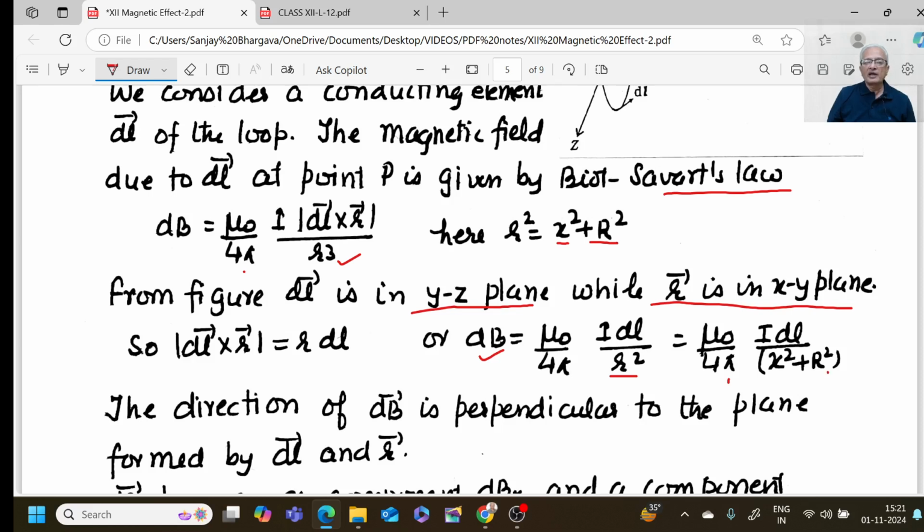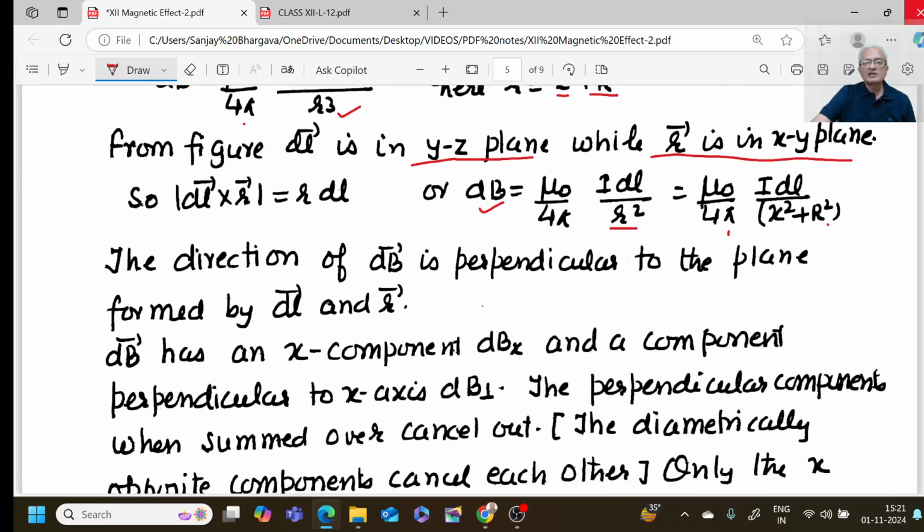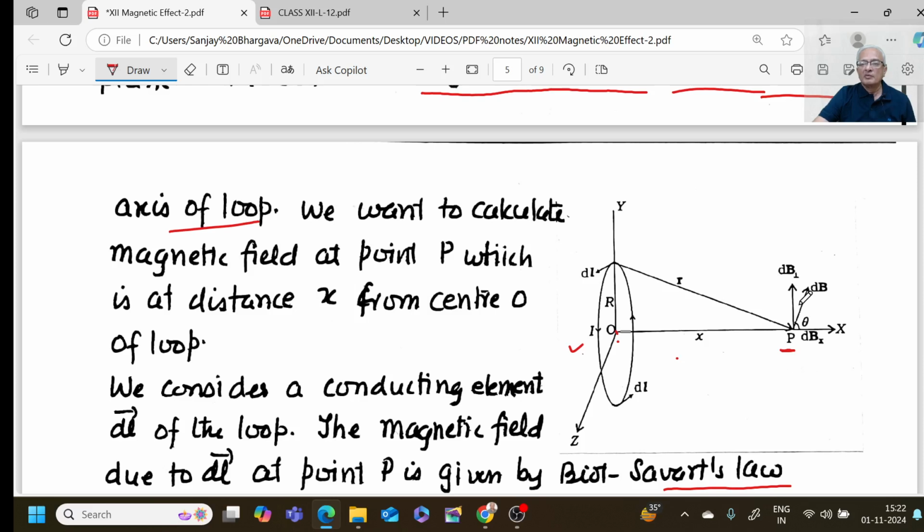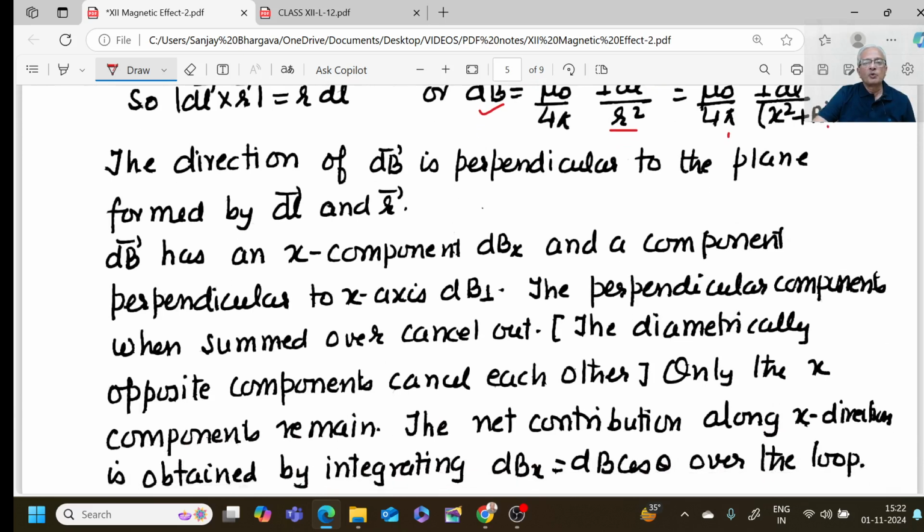The direction of the magnetic field is perpendicular to the plane formed by dl and r. dB has two components: one is dBx along the x-axis and one is dB perpendicular, that is perpendicular to the x-axis.